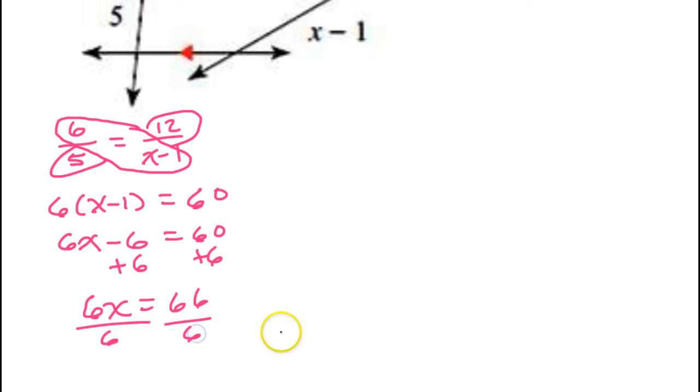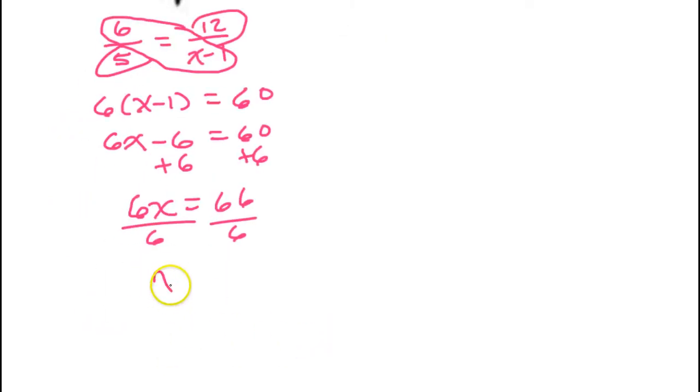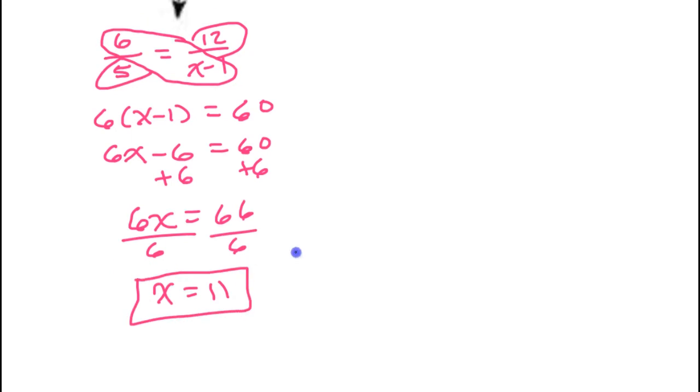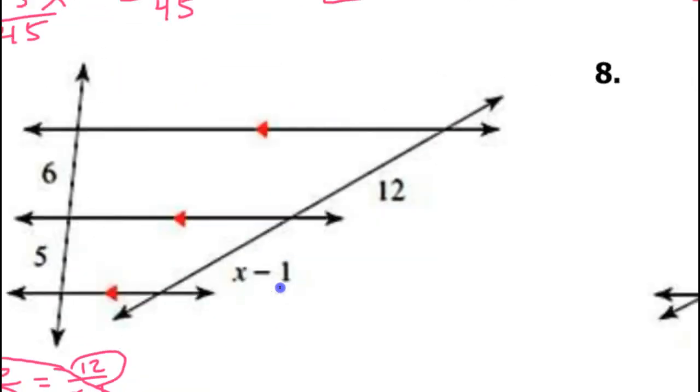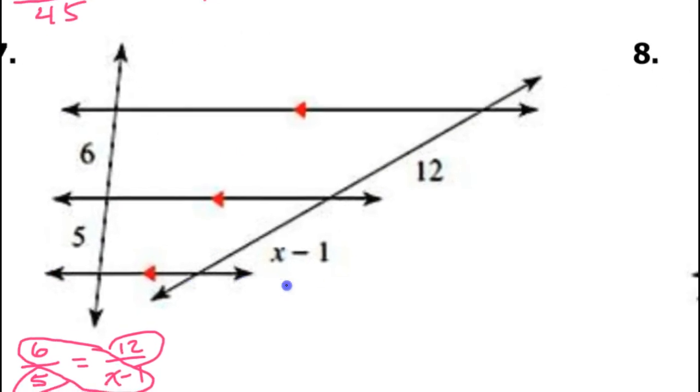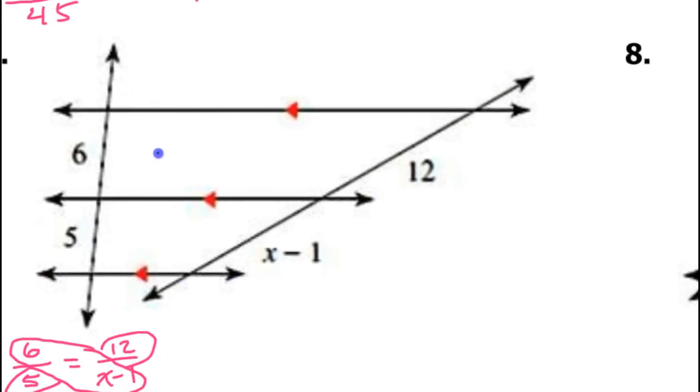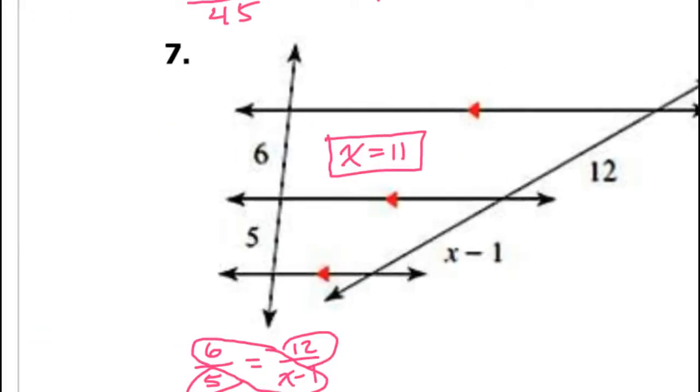Then when you divide both sides by 6, you get x is equal to 11. Okay, which I think I will just put right here. X is equal to 11. Boom. So that was number 7.